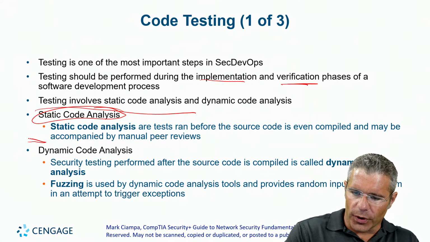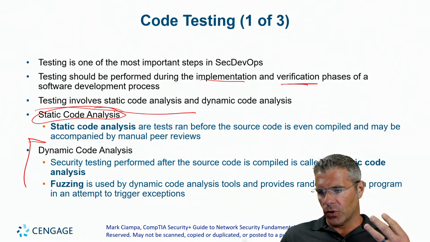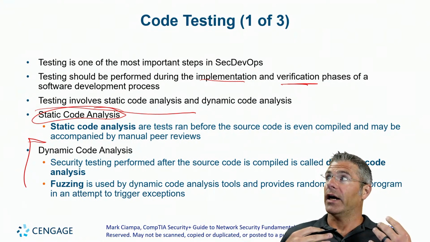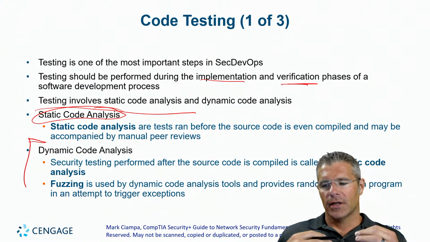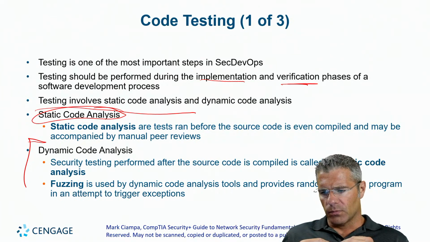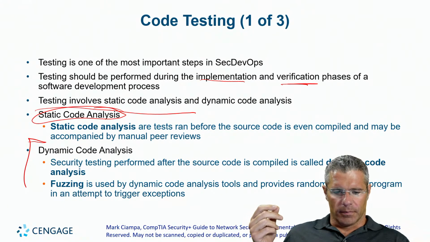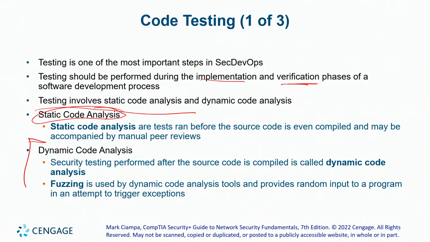Dynamic code analysis is going to look at the code while it's alive, right? While it's doing its thing. So we're going to look at that as the application is running, getting done whatever it is our application does.